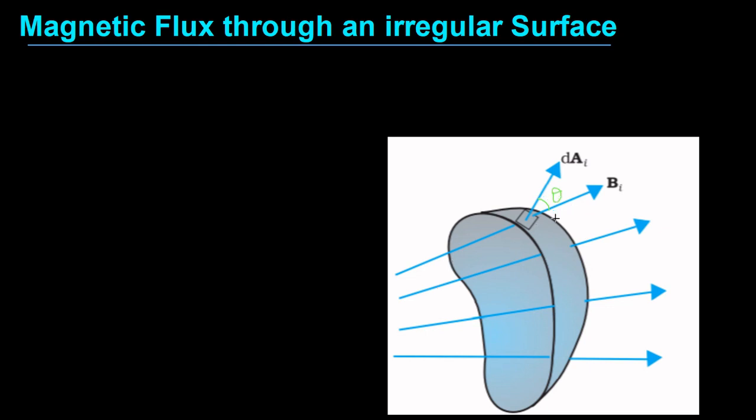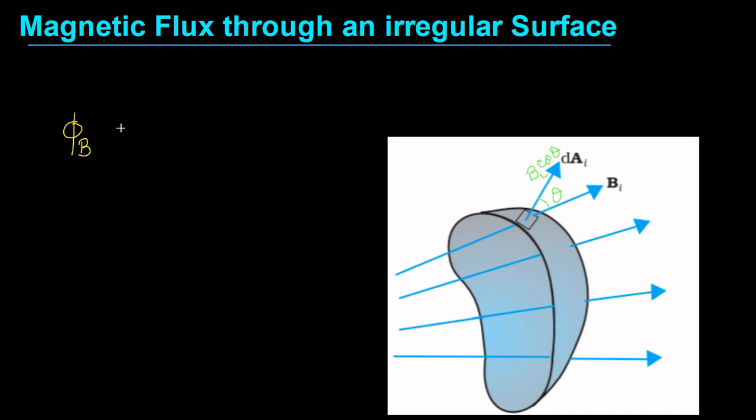And we know the component of magnetic field along dAi will be Bi cos theta.